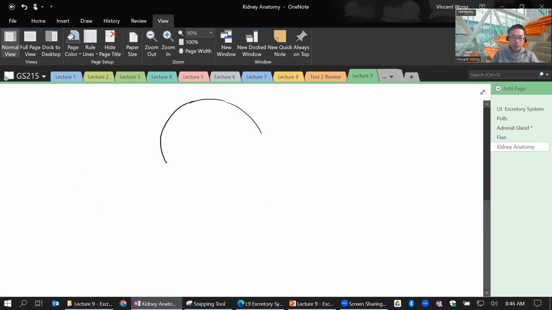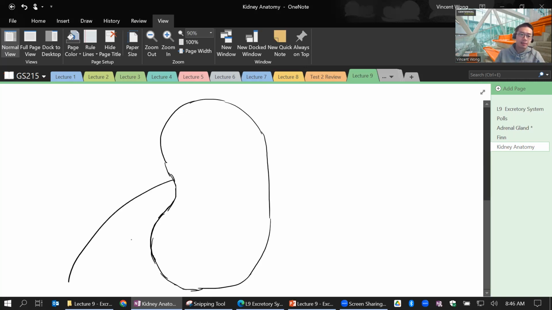I actually like doing this on the board much better. It's easier to draw, though there's less color on the whiteboard. So there we go. And this is the hilum, and it's going to come out like that. Just to orient you again, this is the ureter.